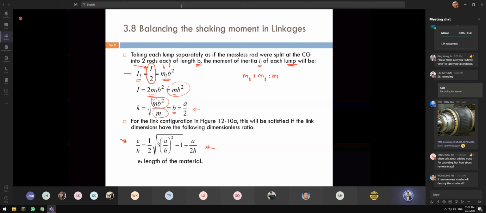Another friend asked if removing mass will destroy the structure. So if you plan your component to be able to remove mass in order to do the balancing, normally the additional material that you put in your design is not relevant to your structure.